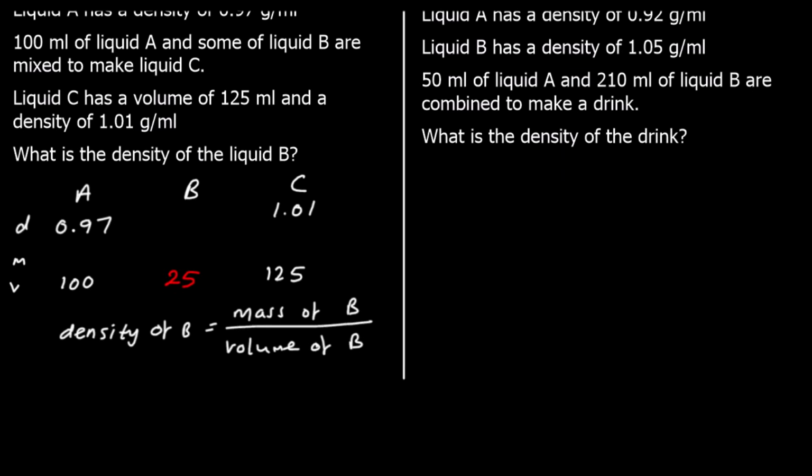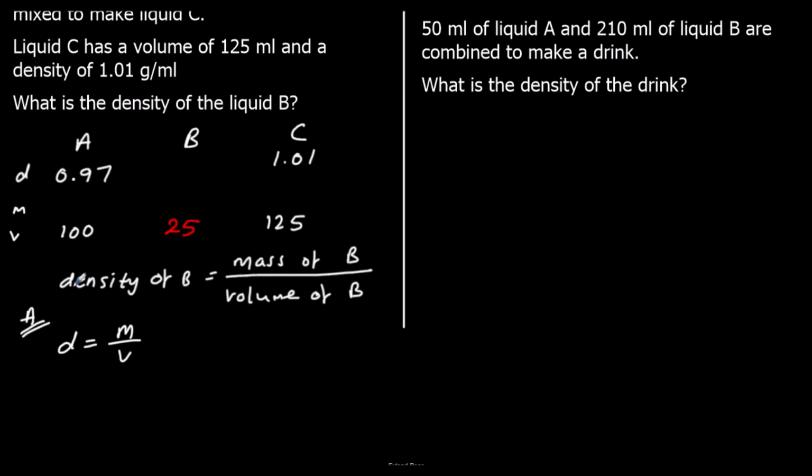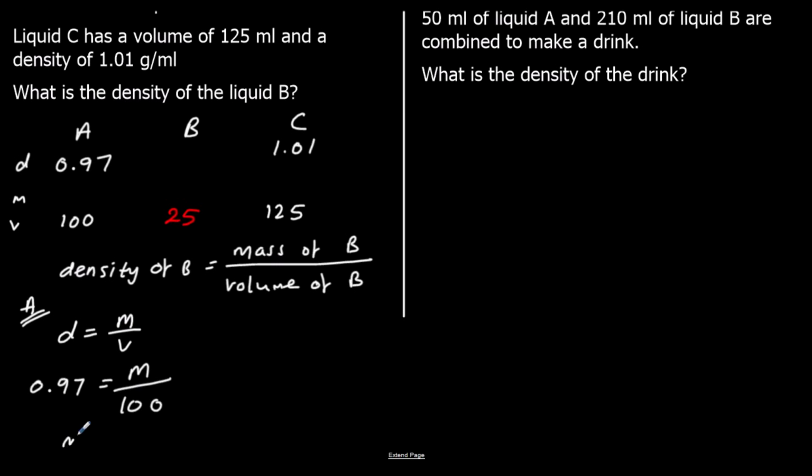So density equals mass over volume. And for A, let's do A first. That's 0.97 is m over 100. So multiply both sides by 100. So the mass must be 97 grams.